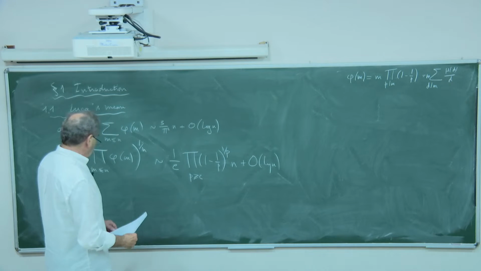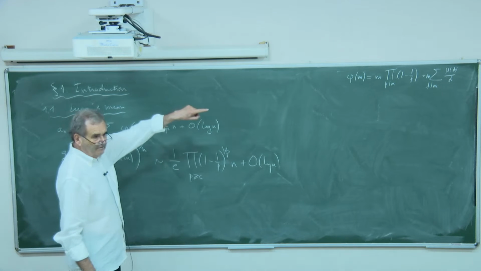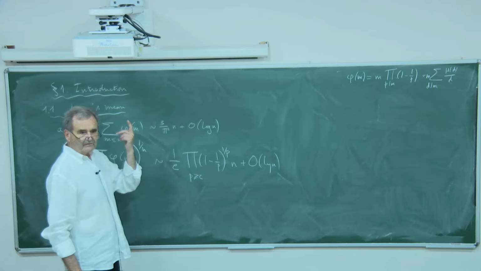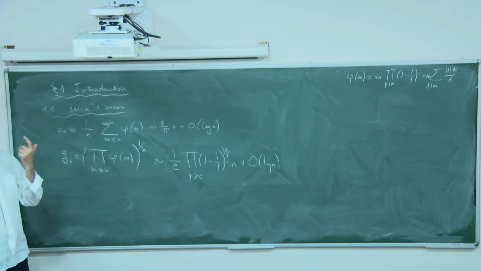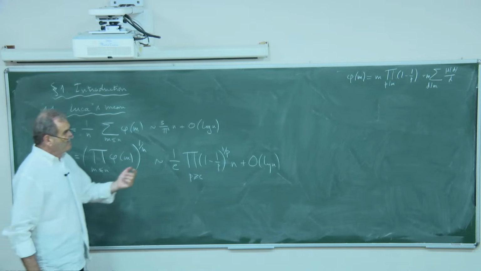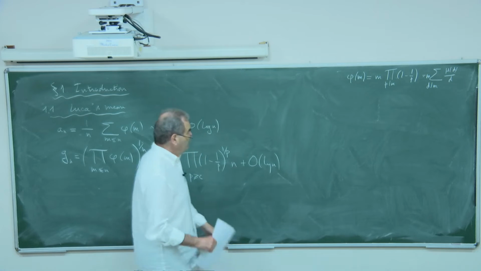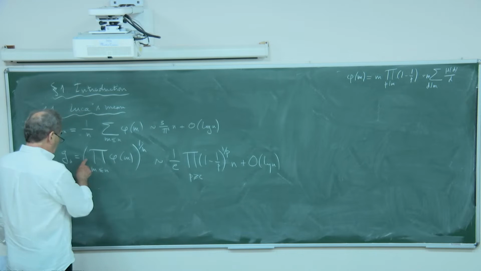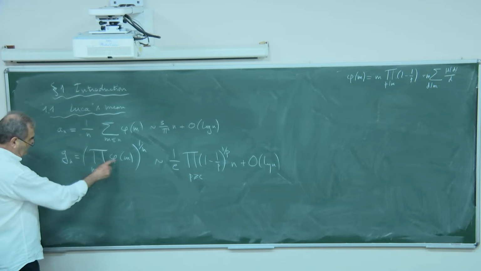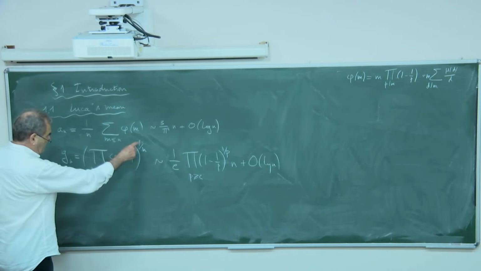So, of course, if you are looking at this one, it's better to take the summation because then you can just reverse the summation. And if you are looking at the product, it's better to start with the product here. So you understand that what you have here is something which is m times something to the power 1 over n.